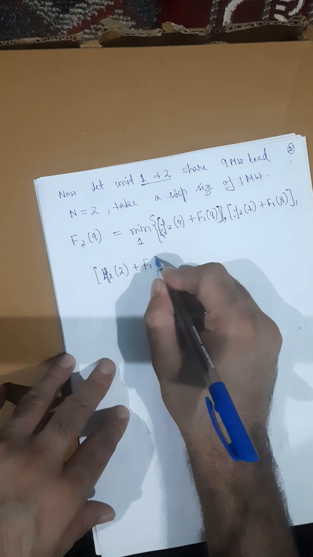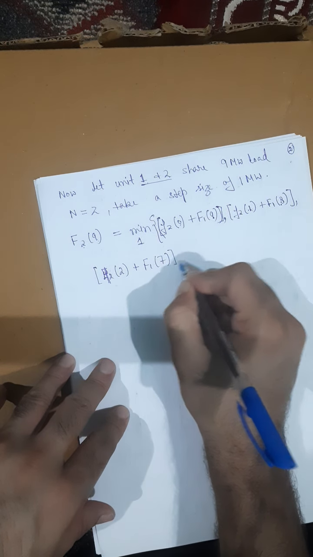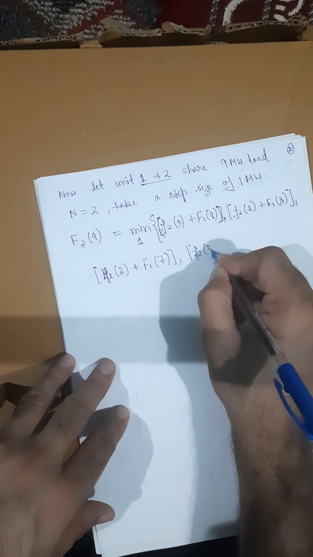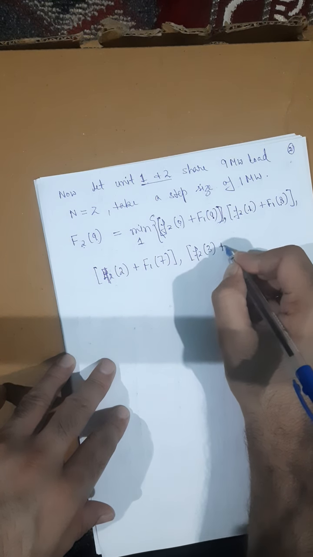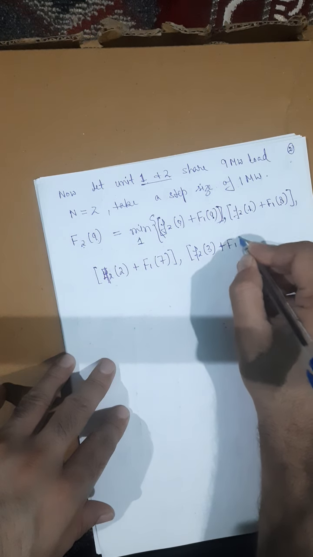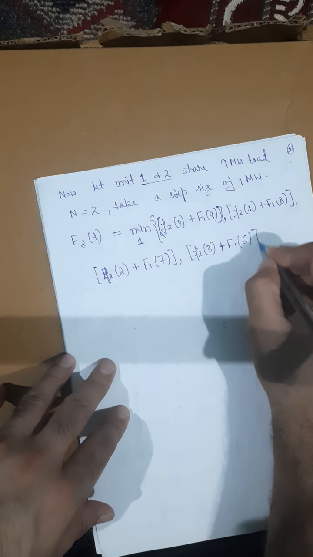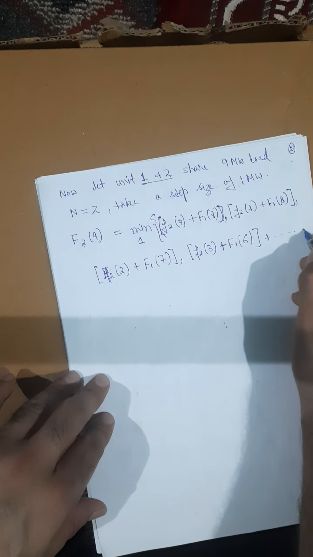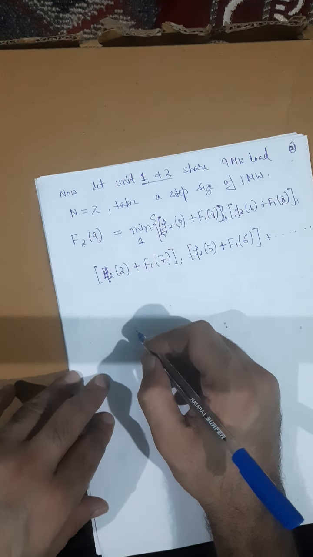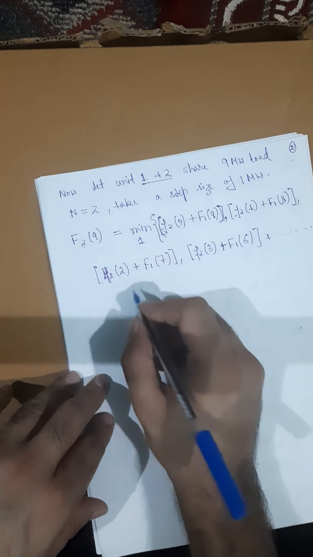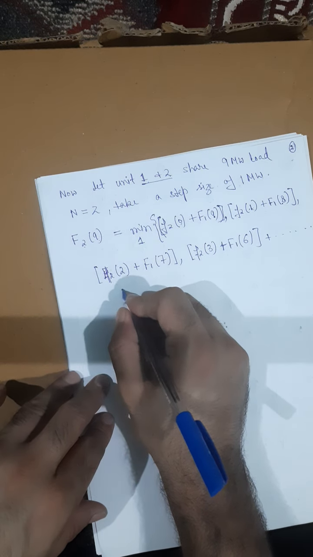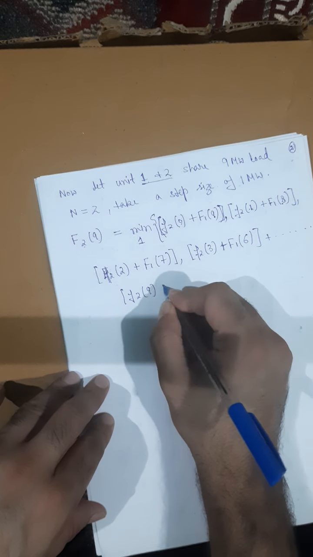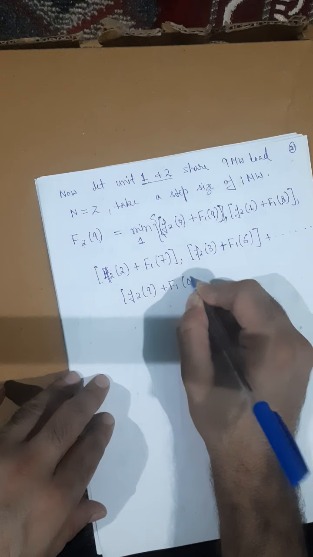The first unit will supply 7 megawatt. Next, the second unit will supply 3 megawatt and the first unit 6 megawatt. Similarly I will get the other options, and the last option is that the second unit supplies all 9 megawatt and the first unit supplies 0 megawatt.